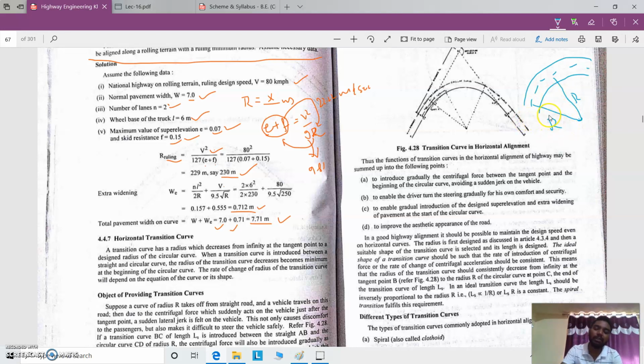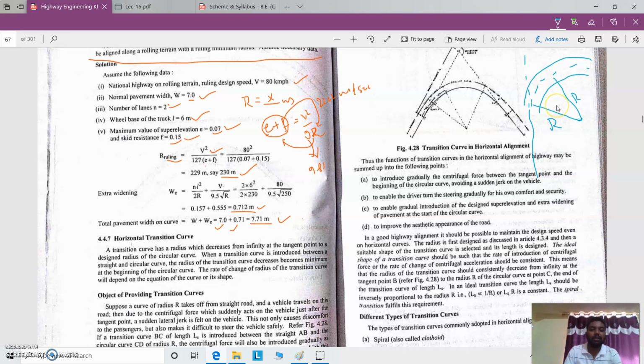But in a transition curve the radius at the tangent point and at the curve point will not be the same. So suppose a curve of radius r takes off from a straight road. It is not traveling straight, it is taking off from this straight line, and suddenly it needs to diverge from this straight line.